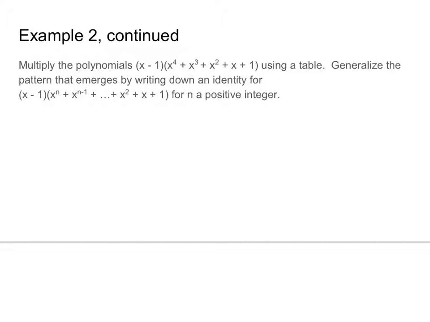Example 2 continued. Multiply these polynomials using a table. Now we need to generalize the pattern that emerges by writing down an identity for x minus 1 times anything. It's always going to be x to the n plus x to the n minus 1, etc., until you get down to the constant. Okay, so I'm going to go ahead and do this one, but I'm going to work out the math and just push pause for a second.